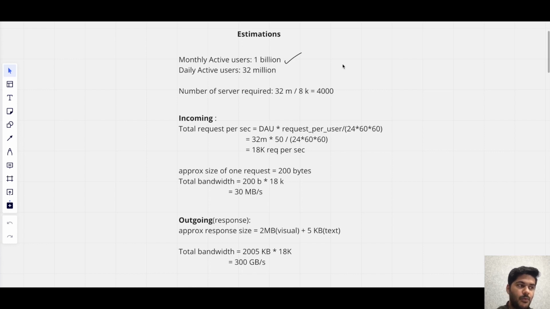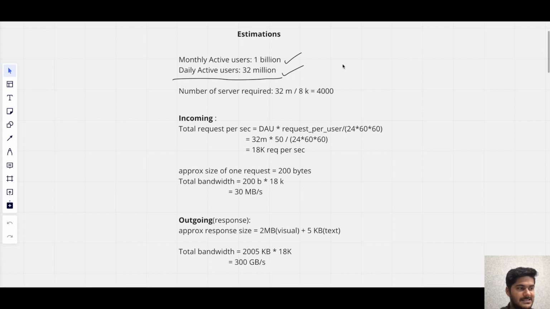If I have 1 billion monthly active users, then I can think I will have somewhere around 32 million daily active users, right? And intentionally I took a big number here, so that when I'm designing, I'm thinking about how to design the whole service when my ingress can be this high in a day. 32 million is a very big number, right?